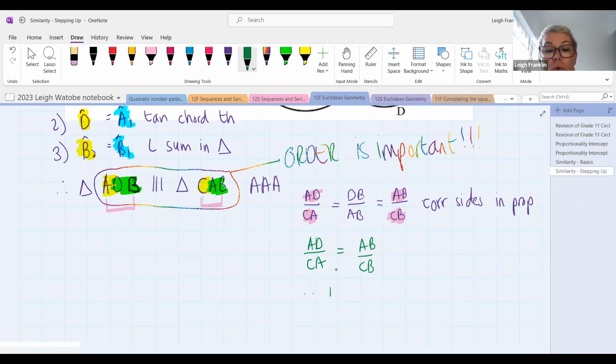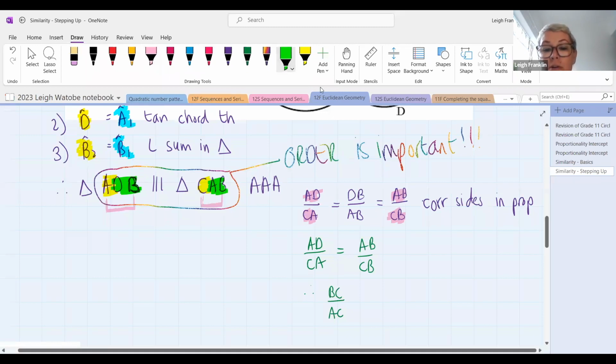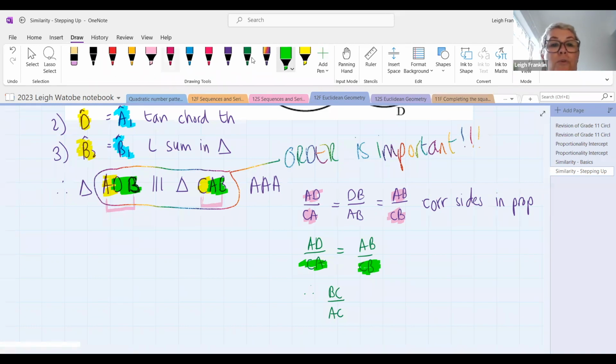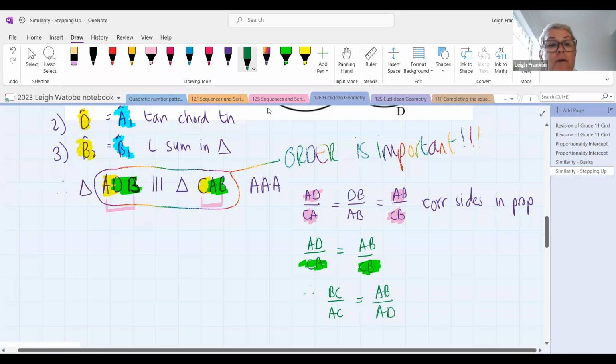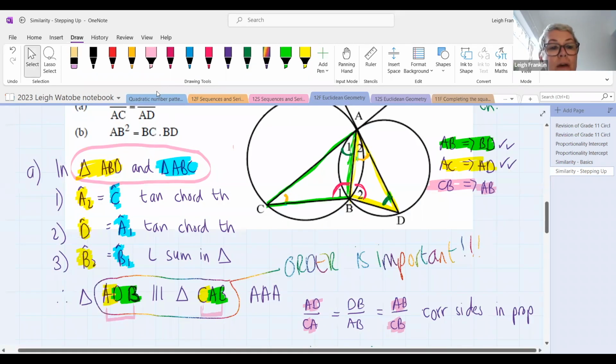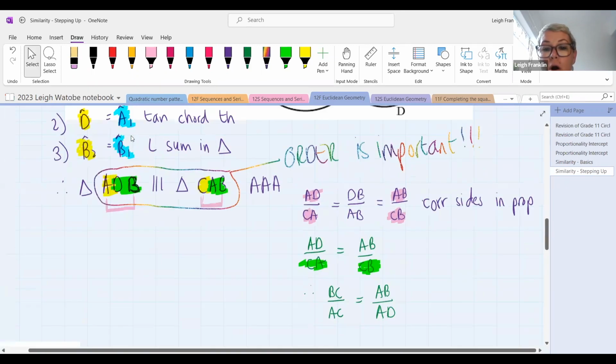So BC over AC: I'm putting denominator over denominator, so this denominator over that denominator is equal to this numerator over this numerator. That's what they wanted from me.